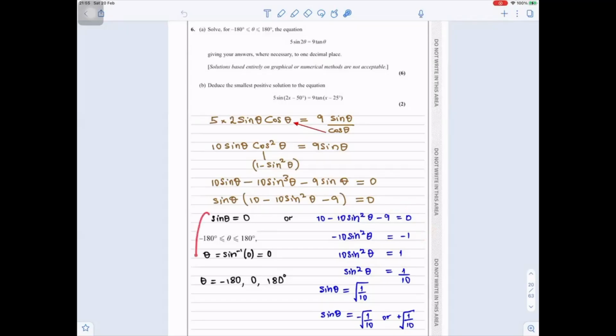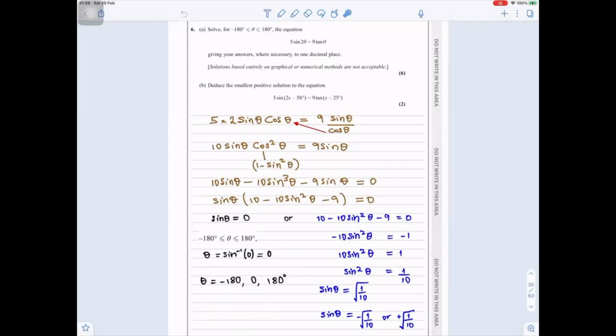So let's solve the left hand side first. Sine theta is 0. We want between minus 180 and plus 180. Inverse sine of 0 is 0. So inverse sine of 0 is at minus 180, 0, and 180 degrees. You can plot the graph of y equals sine x, and you can see it yourself. So 0 there, 0 there, 0 there: minus 180, 0, 180.